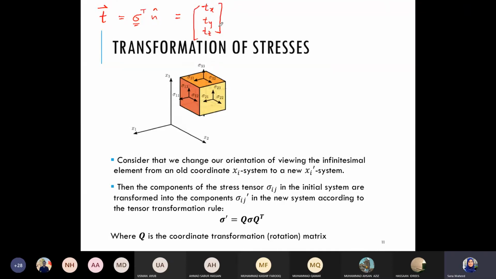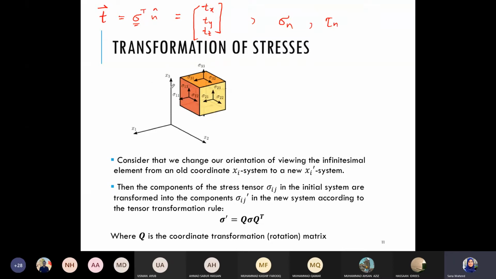That's exactly why sometimes what we want to do is find the normal stresses. So not its x, y, and z traction components, but actually to find the normal stress and the shear stress on this particular face, on this new plane that I'm interested in.